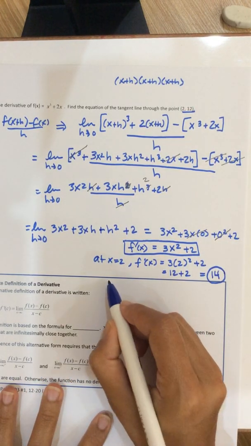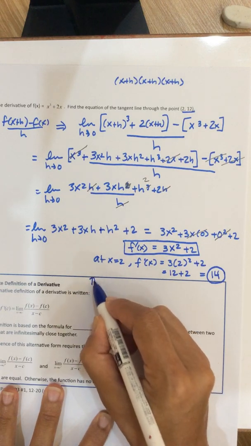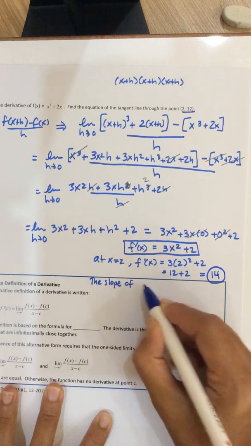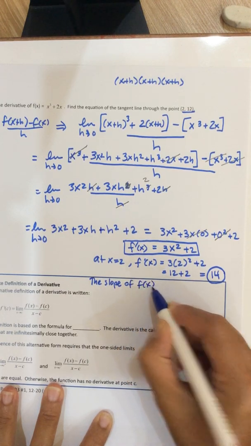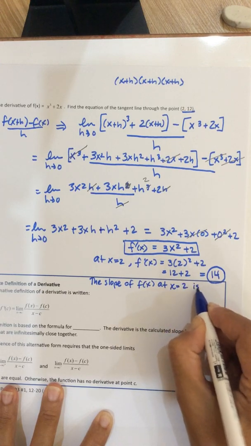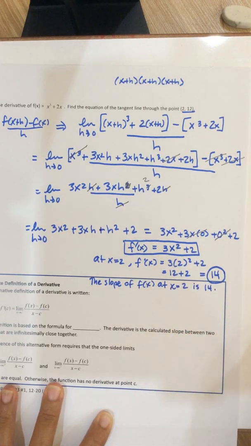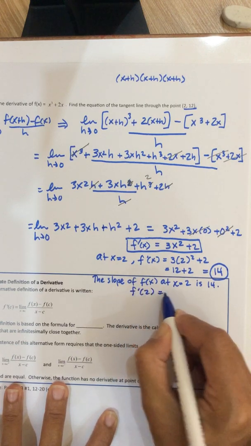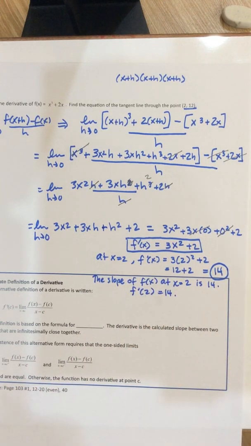So what we would say here is the slope of f of x at x equals 2 is 14. Or the other way you can say it is that f prime of 2 is 14. They say the same thing.